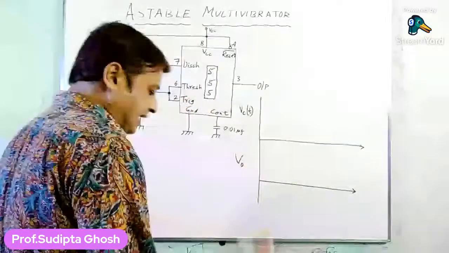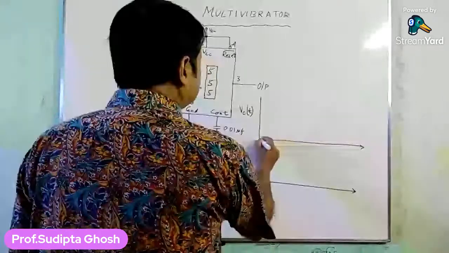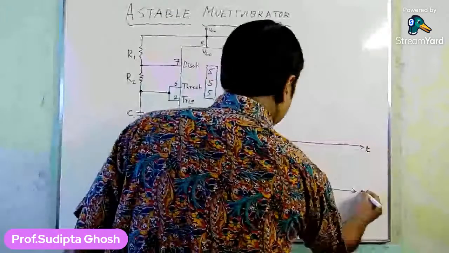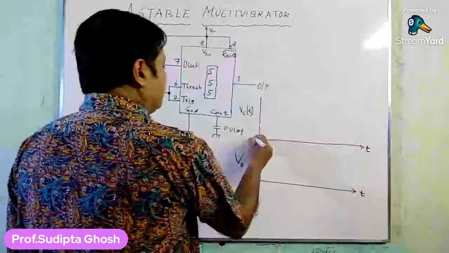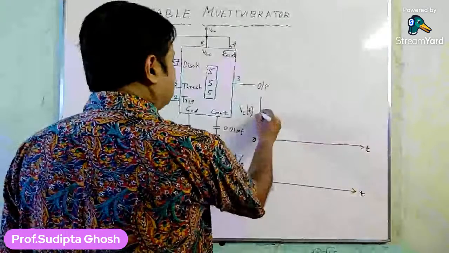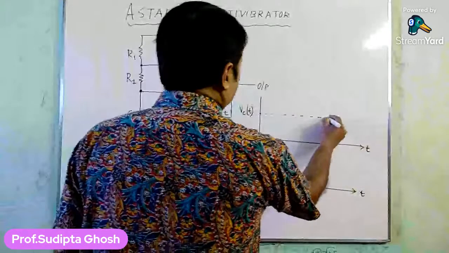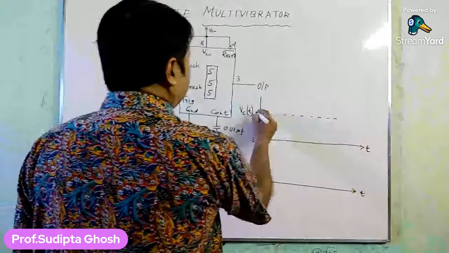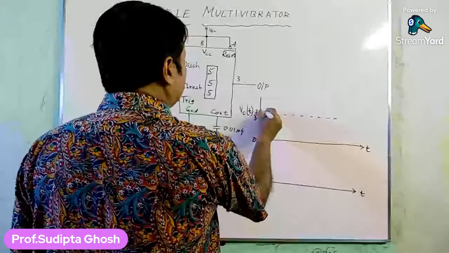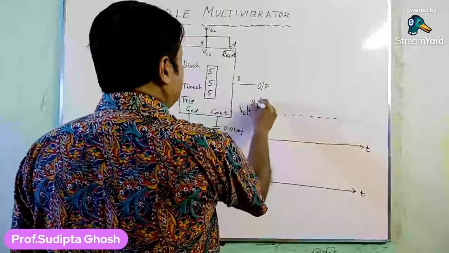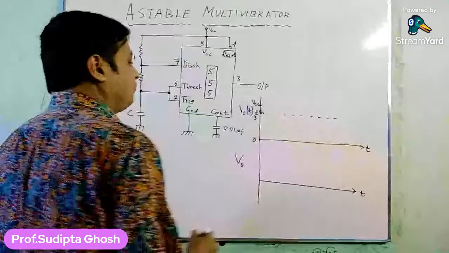Say this is time t. Let this level be 2/3 of VCC, and this is the value of the voltage VCC.